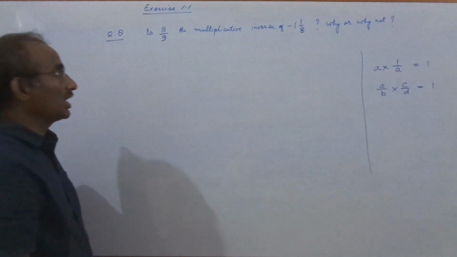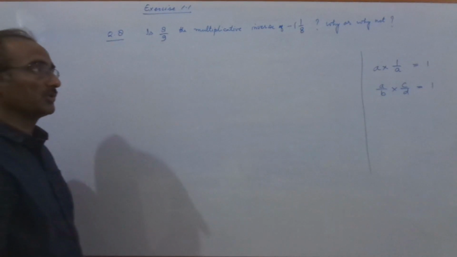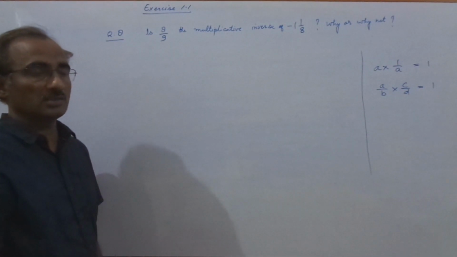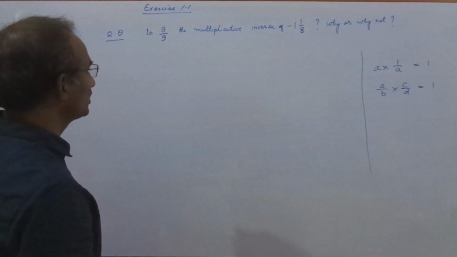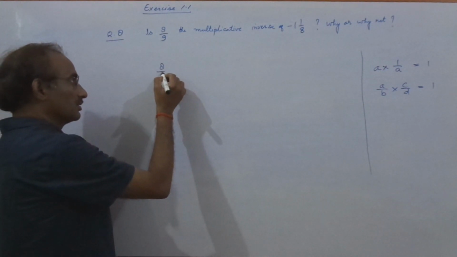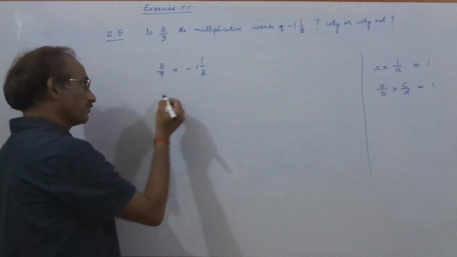So if 8 upon 9 is the multiplicative inverse of minus 1 whole 1 upon 8, then their product should be equal to 1. So let's check the product of 8 upon 9 with minus 1 whole 1 by 8.